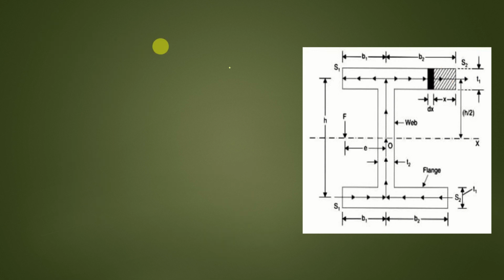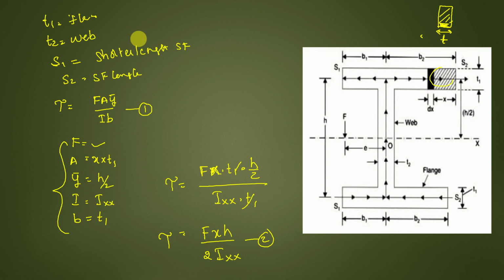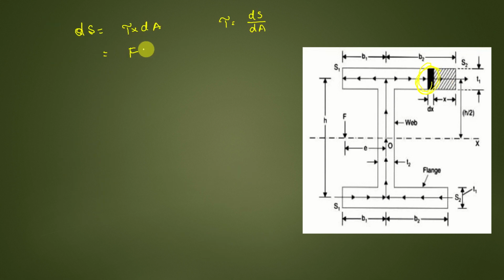Now let us find the shear force in this elementary area. The shear force in the elementary area, let me say dS, is equal to tau into dA, because stress is force by area, so force is stress into area. Simple concept. Let me substitute tau here: F x h by 2 Ixx into dA.